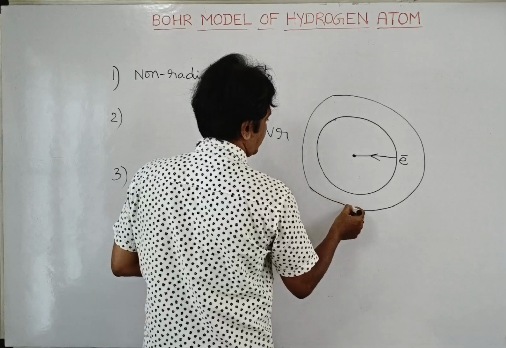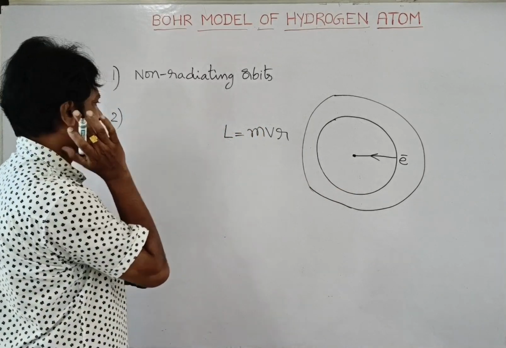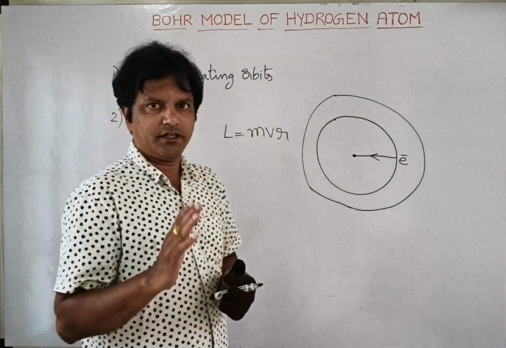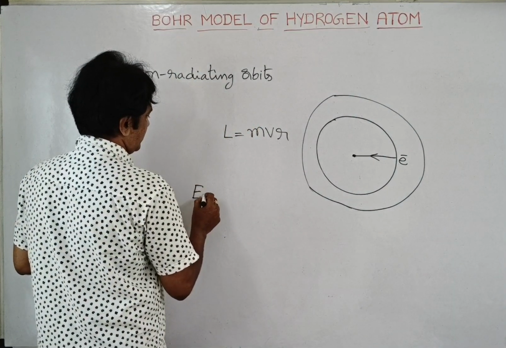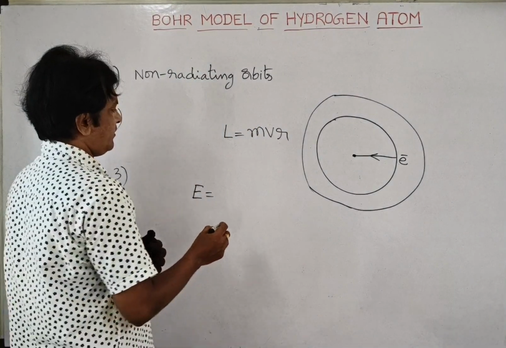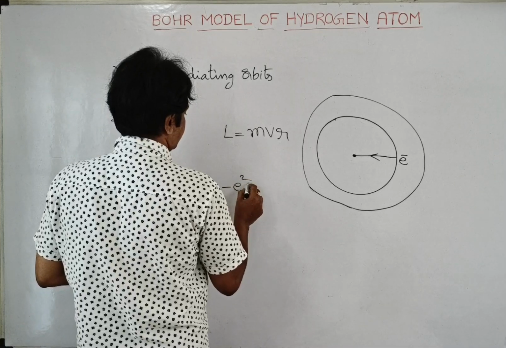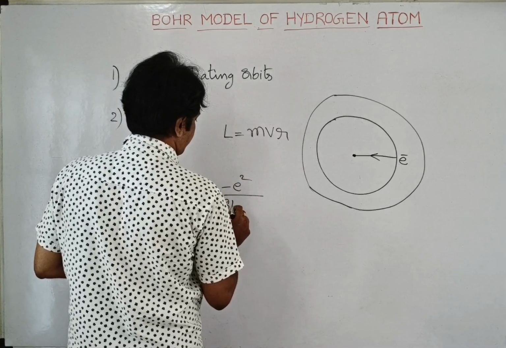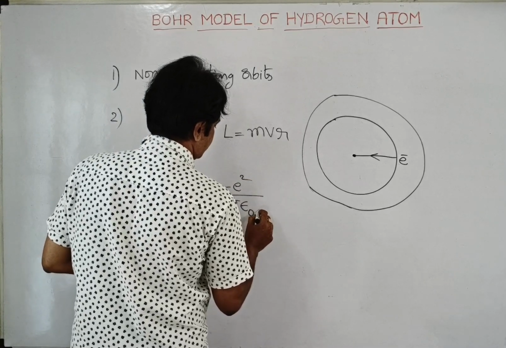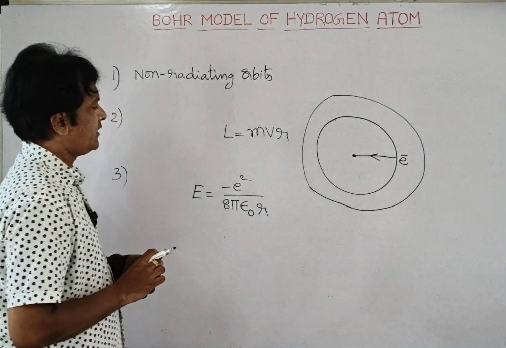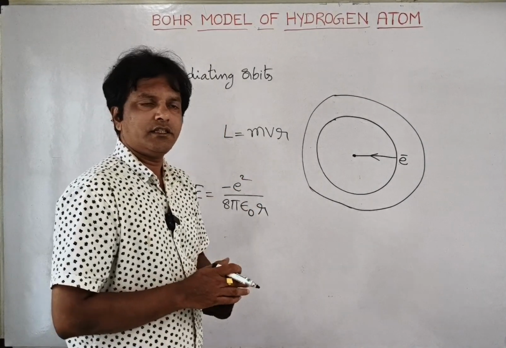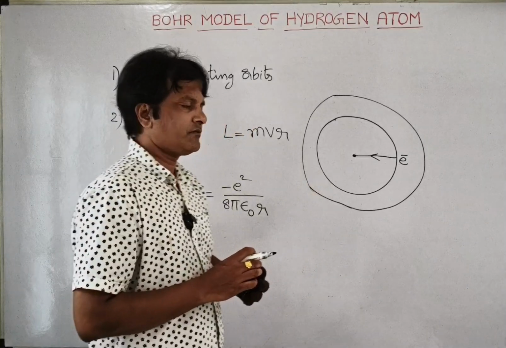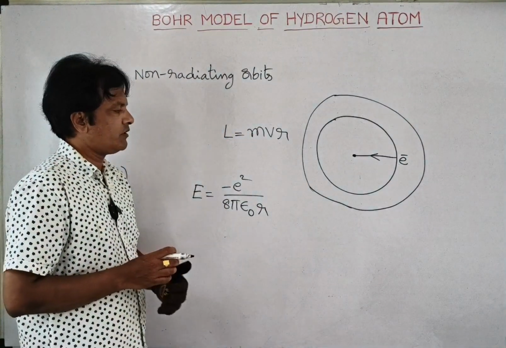As per the energy of an electron revolving around the nucleus, in the previous classes we have studied the formula. The minus sign means the energy is binding energy, so it is minus e square by 8 pi epsilon naught r.